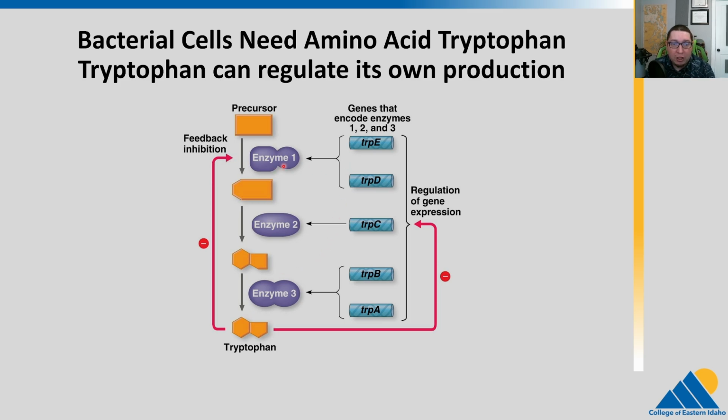You'll notice this enzyme is coded by TrpE and D, this one by TrpC, and this one by B and A. So there are 5 proteins in here that make up 3 enzymes. If we have a large amount of tryptophan, we don't really want to make tryptophan, right? We don't need to do that. So let's look at how tryptophan can be negatively regulating its own production.